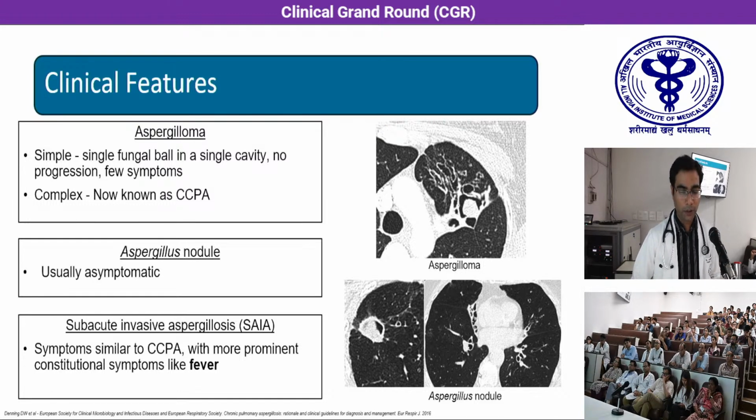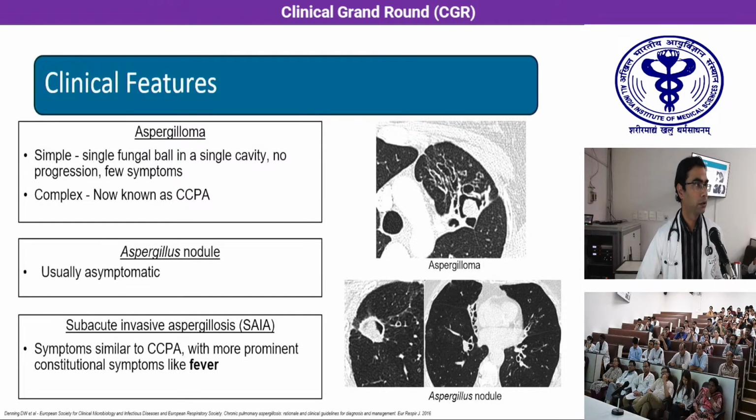Similar to aspergilloma, Aspergillus nodule is also usually asymptomatic and is usually diagnosed on histopathology. On radiology, they can mimic lung carcinoma, metastasis, or cryptococcosis. All these manifestations are seen in non-immunocompromised patients with current or prior lung disease, except subacute invasive pulmonary aspergillosis, which is found in moderately immunocompromised patients.